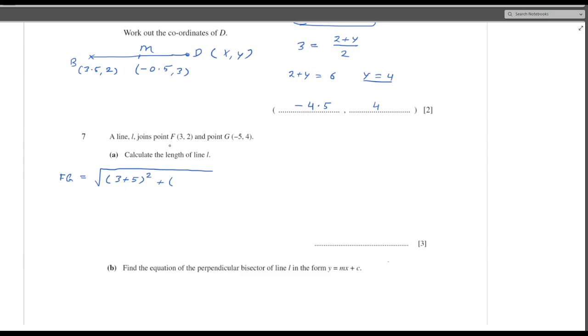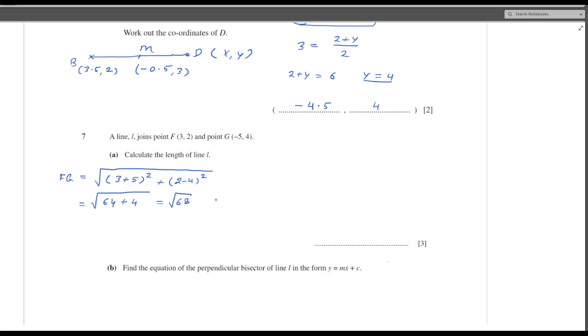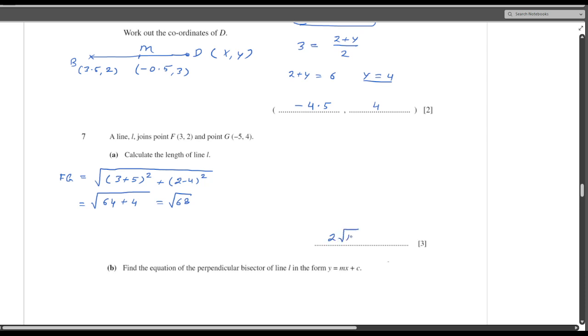So here 3 plus 5 the whole square and 2 minus 4 the whole square. So FG will be equal to the square root of 8 square, which is 64, plus minus 2 square, which is 4. So this is the square root of 68. So the length, you can say, is 2 root 17.